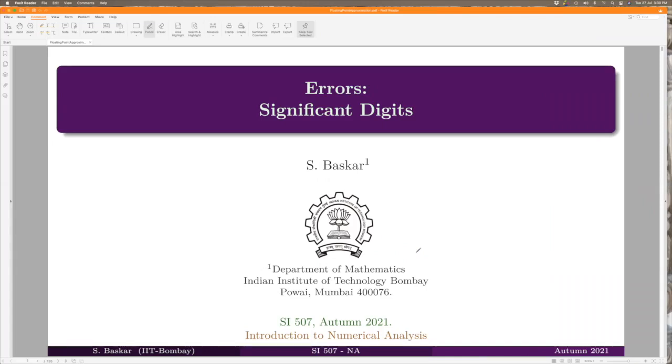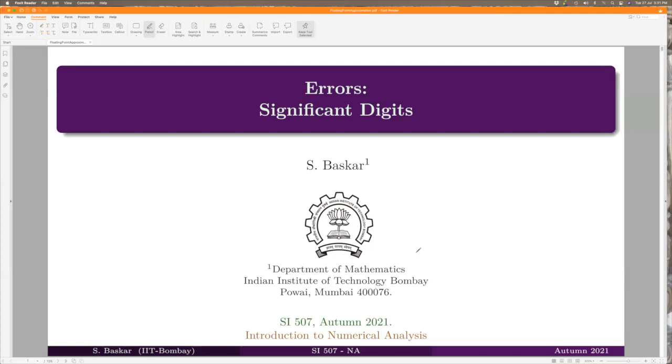This second type of error is often called arithmetic error, and it plays a very important role in our study because it amplifies the total error significantly. Therefore, it is important to understand how this error occurs and how it propagates in our computation.